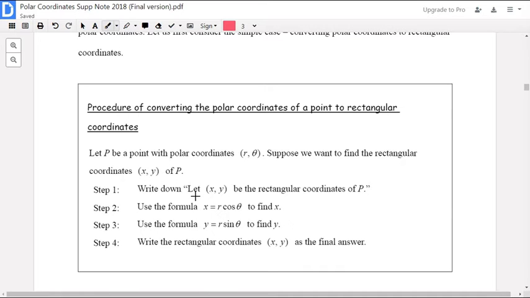First, write down the sentence: let (x, y) be the rectangular coordinates of P. Use the formula x equals r cosine theta to find x, and use the formula y equals r sine theta to find y. Then write down the rectangular coordinates as the final answer.